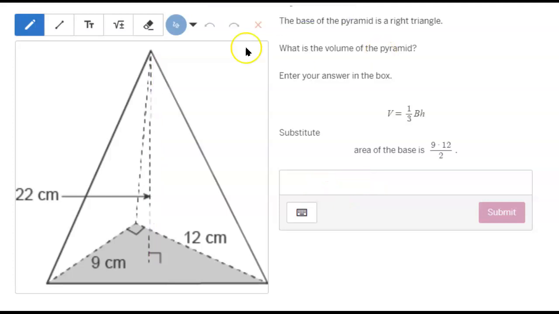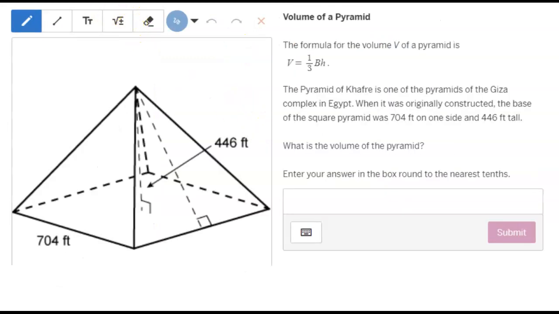All right, let's look at the next question you might have on your exit ticket. The formula for the volume of a pyramid is volume equals 1/3 base times height. The Pyramid of Khafre is one of the pyramids of the Giza complex in Egypt.